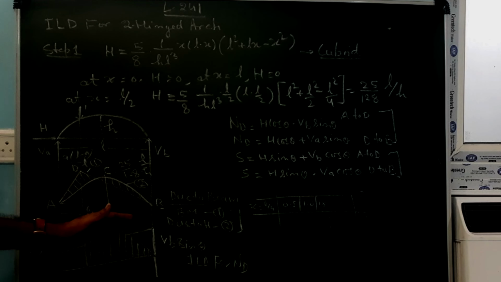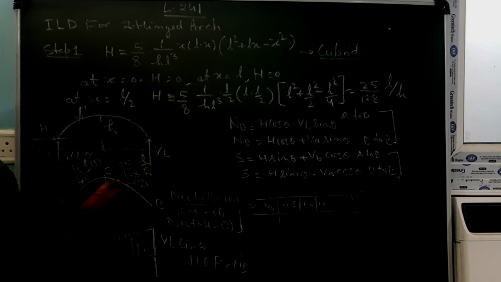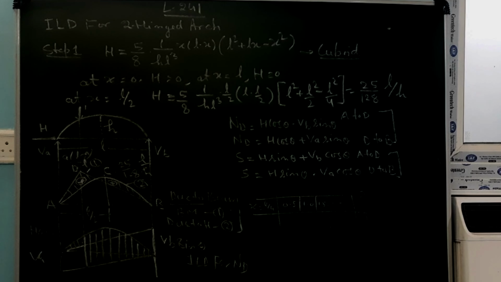And by superimposing this diagram, this will be your positive, and this will be your negative. By setting this you can always find out the ILD for the bending moment, that is horizontal thrust and due to beam.